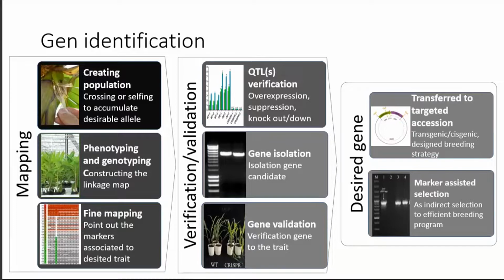And afterwards, the second stage, we go to verification and validation. The QTL or markers that we obtain from the fine mapping need to be verified or validated to make sure that the markers are really associated to the trait.